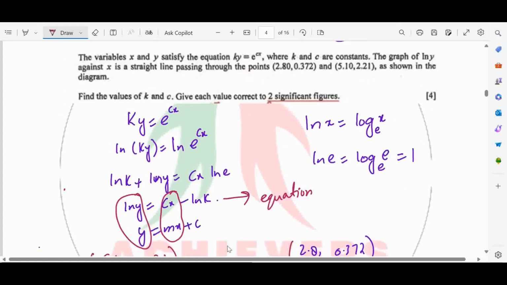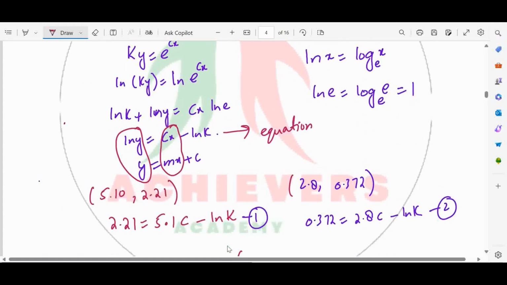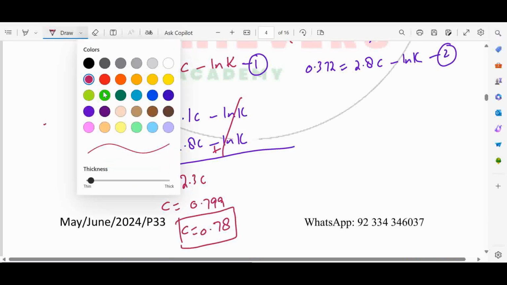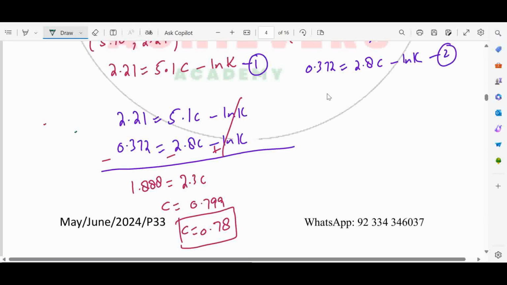Let me check that we need the correct two significant figures. So c will be equal to 0.80. Now just put it in the other one, and we will get the value of k. We know that natural log of k is equal to 2.8 times 0.78 minus 0.372.